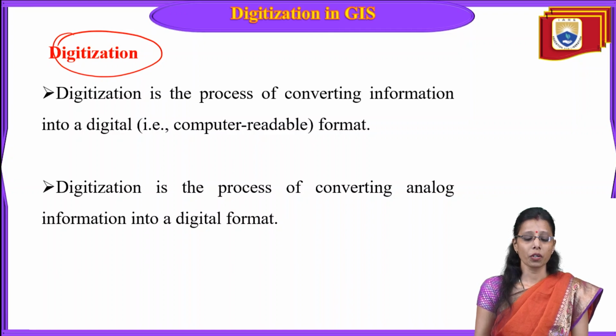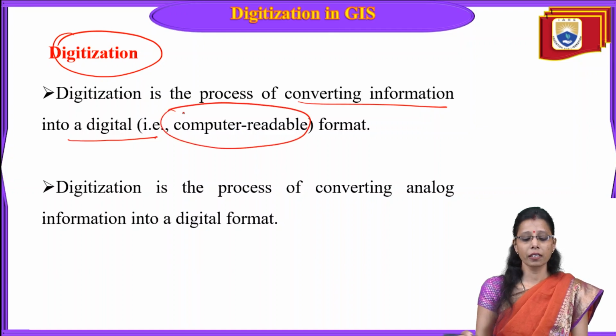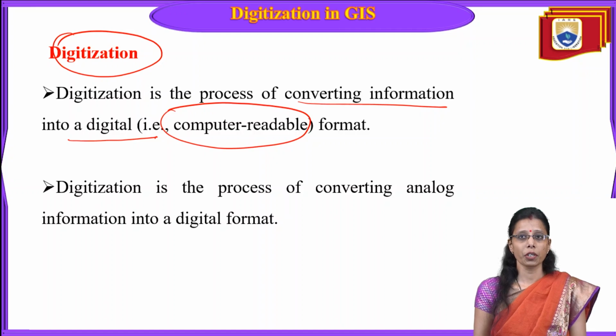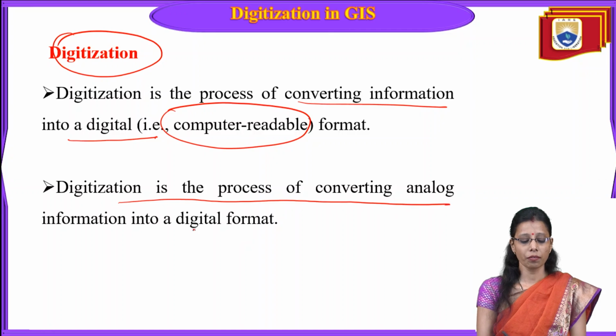So digitization is converting the information into a computer-readable format. The computer can read the information in that format. That's why it is called digitization. Converting analog data to a digital format is called digitization.